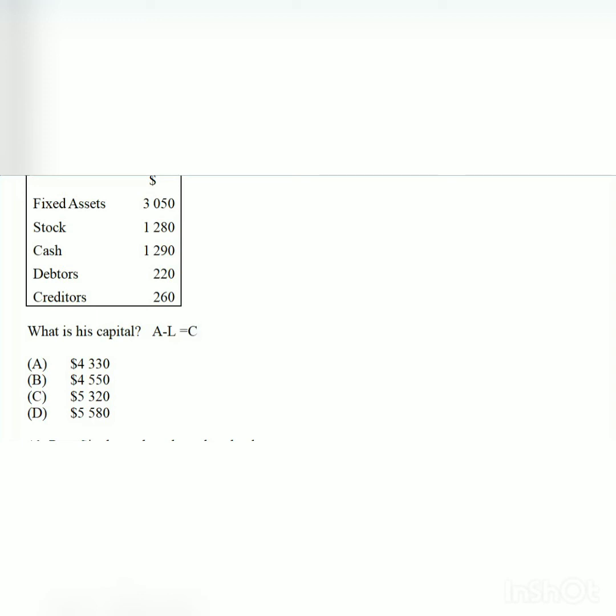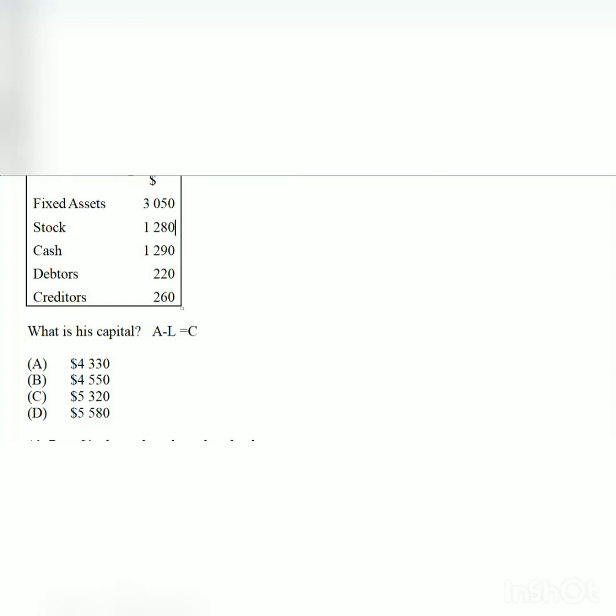So you have fixed assets of 3,050 here. Then you're going to add closing stock of 1,280. So 3,050 plus 1,280, that should give you 4,330. Good. Then you're going to add cash of 1,290.